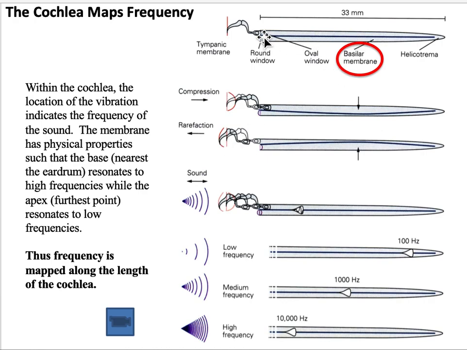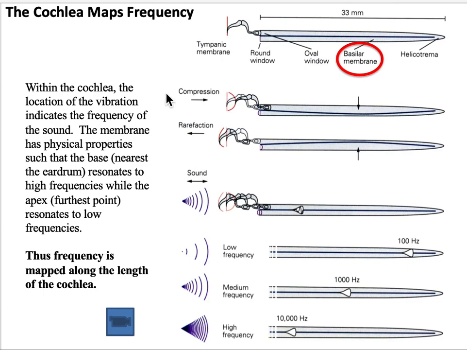Okay, and again, we have the cochlea unwrapped here, unfurled. And what we'll see is that inside there's something called the basilar membrane. There's a couple membranes, but this basilar membrane is going to be one of the keys. And so here's the tympanic membrane, the eardrum, here's the ossicles, here's this oval window and the round window at the bottom.